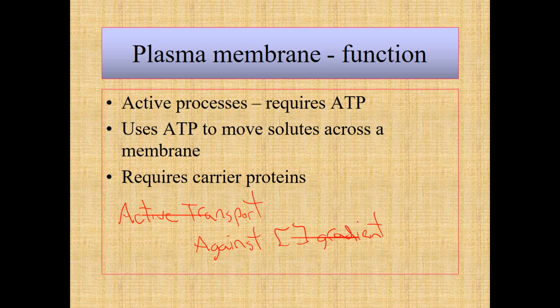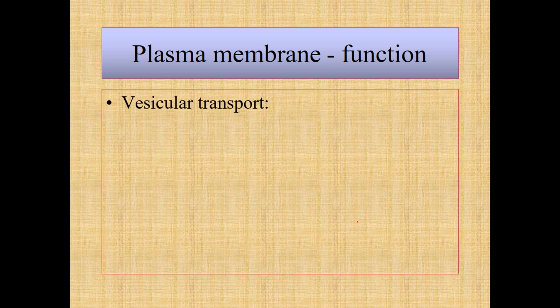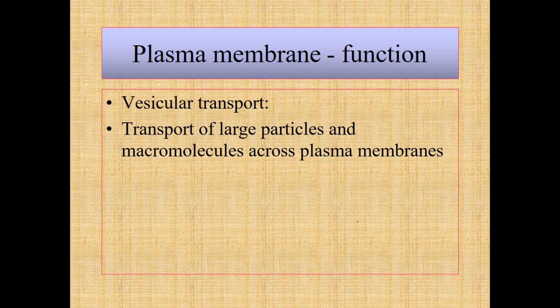Okay. All right. So active transport, that is an active process. We also have vesicular transport. Vesicular transport, we're talking about things that are just so large that we couldn't put a doorway in because too much of the cell would be able to leak out.